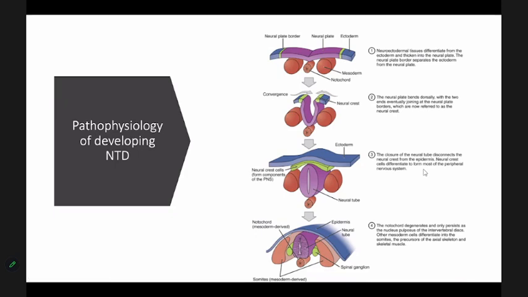There is a structure called the notochord, which becomes a stimulus for the migration of part of the ectoderm. The ectoderm follows the direction of the notochord and migrates downwards.